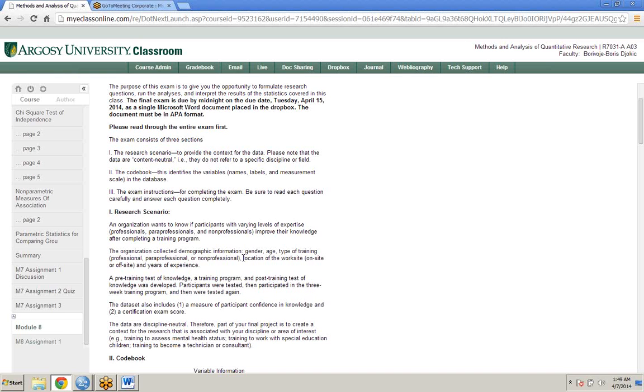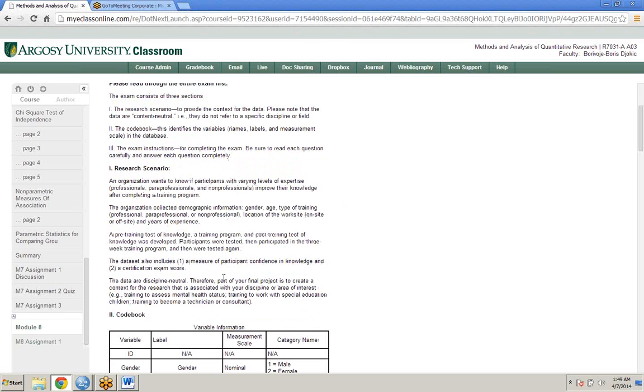A pre-training test of knowledge, a training program, and a post-training test of knowledge were developed. Participants were tested, then participated in the 3-week training program, then were tested again. The data set also includes 1, a measure of participant confidence in knowledge, and 2, a certification exam score. So those are the dependent variables.